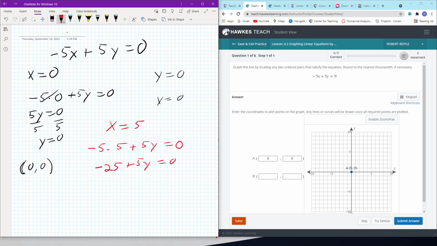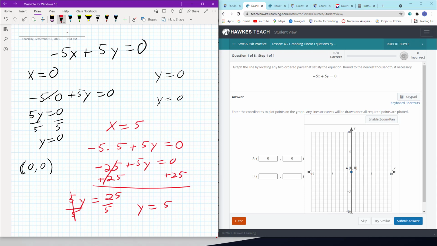I can add 25 to both sides of the equation. When I do, these will cancel, and I have 5y is equal to positive 25. And I hope now you understand why I chose x is equal to 5. All right, so now I can divide both sides by 5 to get rid of the coefficient. These cancel, and I will have y is equal to 5.